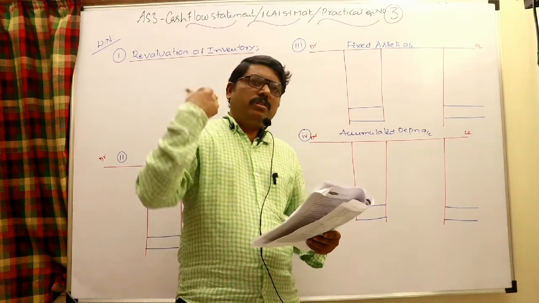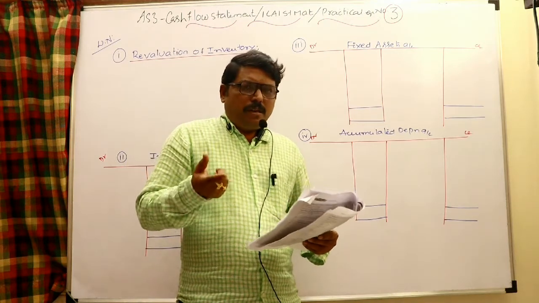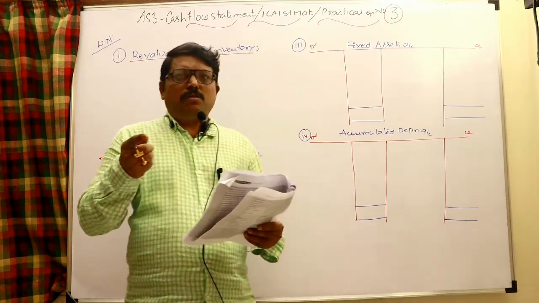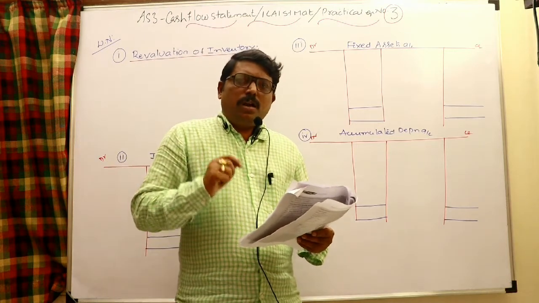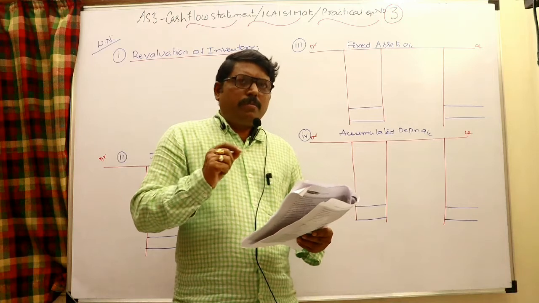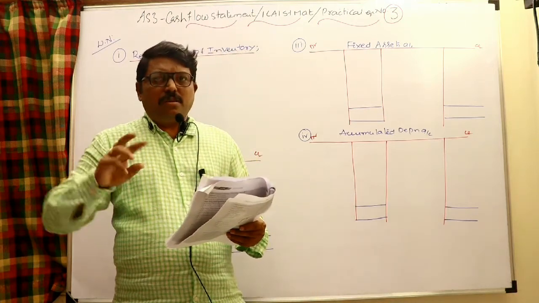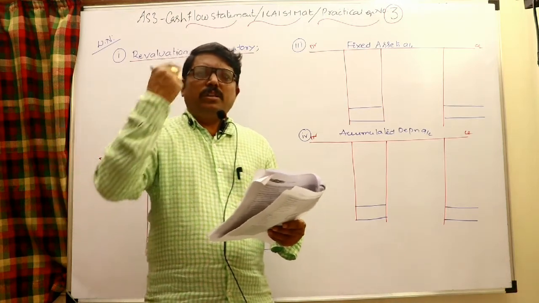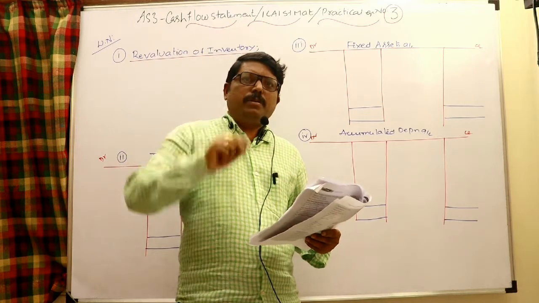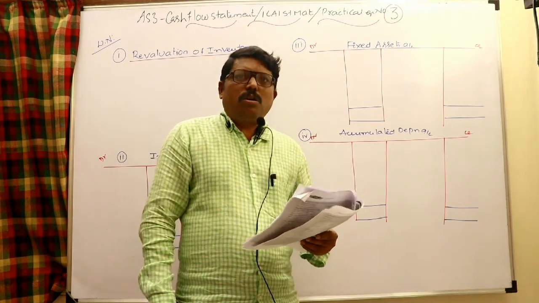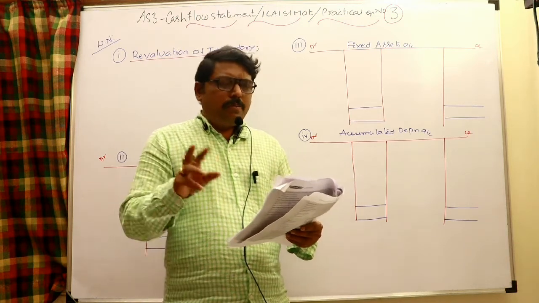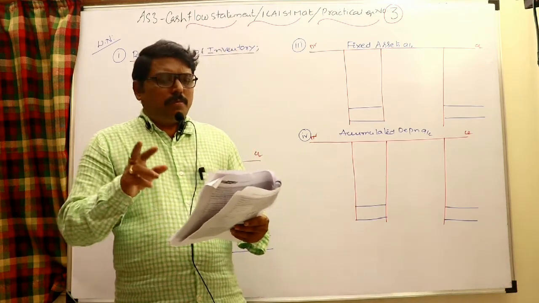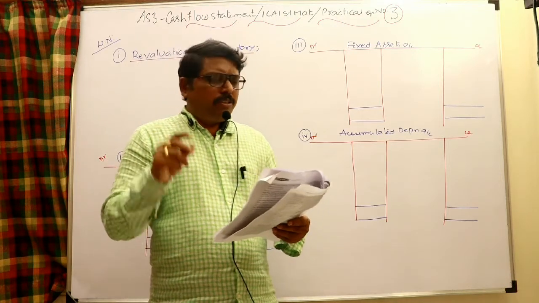Whenever redemption premium is provided, P&L account to premium on redemption of debentures, and P&L account to premium on redemption of preference shares. Both should be paid off. So in the P&L account both should be added back because they are not operating items, but they can be shown as financing items. Both premium on redemption of debentures and premium on redemption of preference shares.